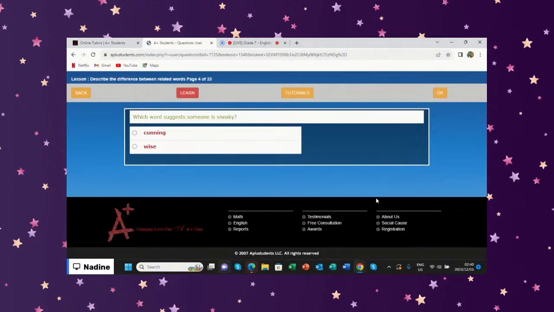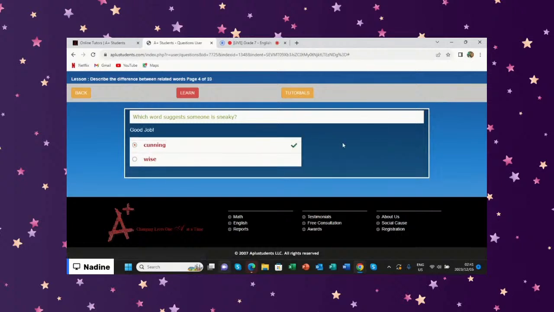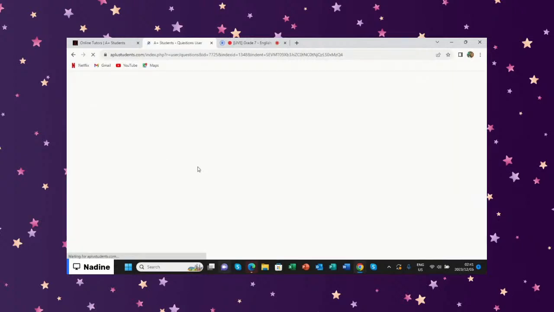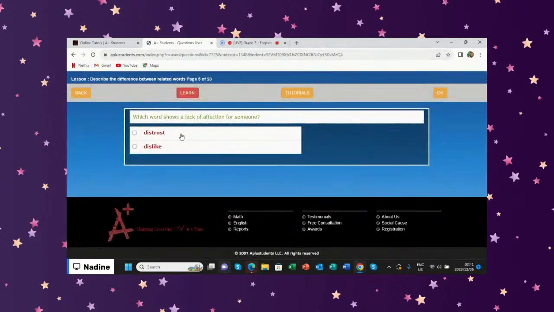When you look at cunning and wise, both words suggest that someone is intelligent. However, when someone is cunning, they're using their intelligence in a more sly, sneaky way, which means that cunning is sneaky. It would suggest that someone is sneaky.